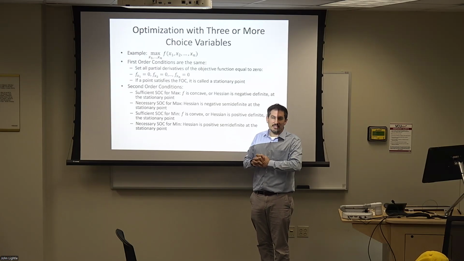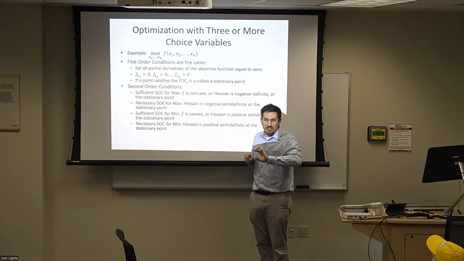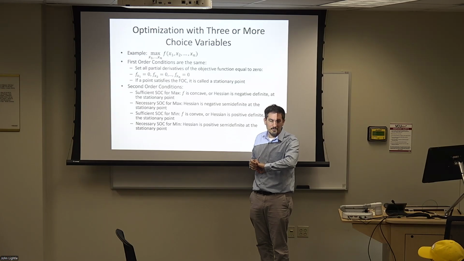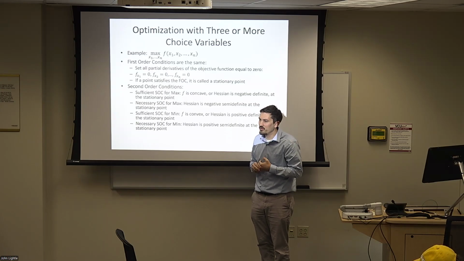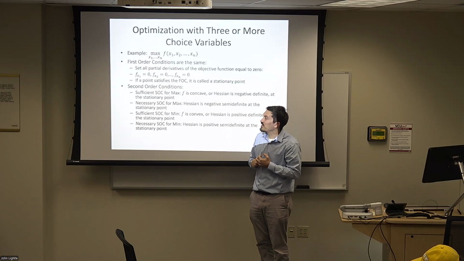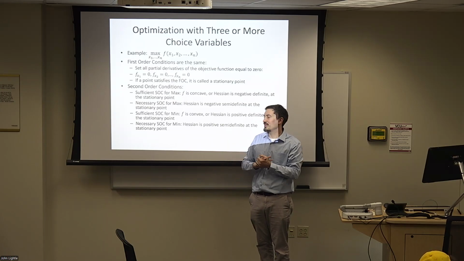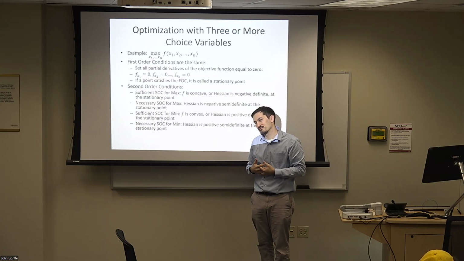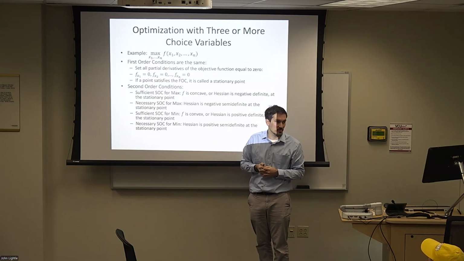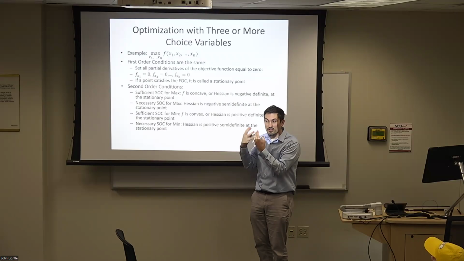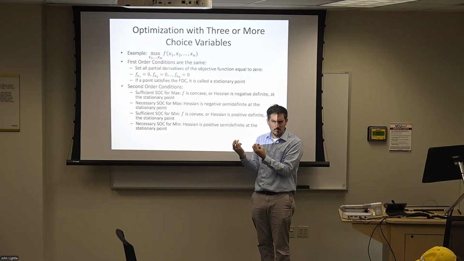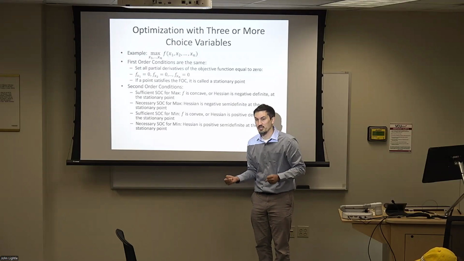I really don't expect to ask you to do this in a quiz. If I gave you a really big problem with lots and lots of choice variables, it would take you so long that I don't expect you to do that. It's good if you know this concept though, since I'm teaching you optimization.